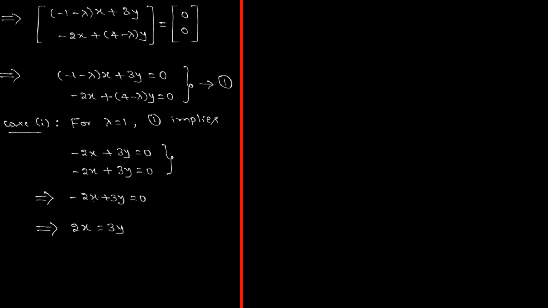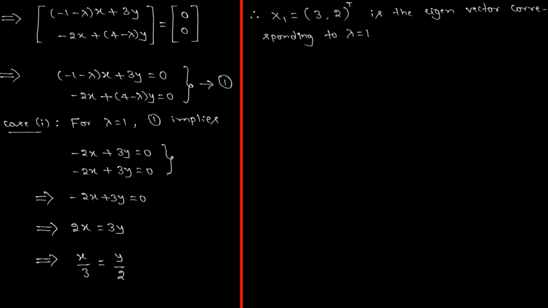Simplify this. If you take this minus 2x to the other side, you get 2x is equal to 3y. Then cross multiply. If you take 3 this side and 2 this side, you get x by 3 is equal to y by 2. Therefore, one of the eigenvectors you can take is x is equal to 3 and y is equal to 2.